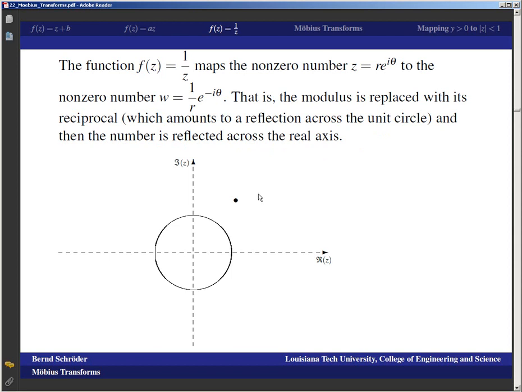Geometrically, if this is the unit circle and here's our number z = re^(iθ), first we've got the reflection that gets us to 1 over re^(iθ), and then as we flip across the real axis we end up with 1 over re^(-iθ), which is what 1/z is. So again, even though this is one function and we ultimately want to think of it as one function, we visualize it in stages.